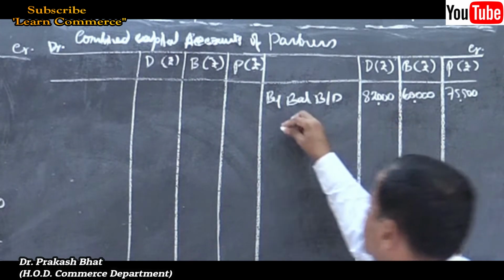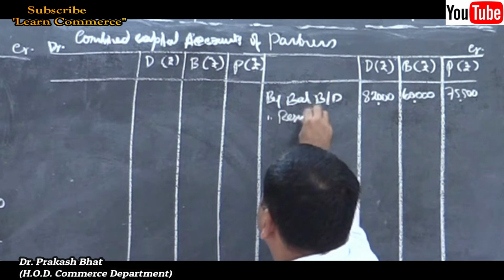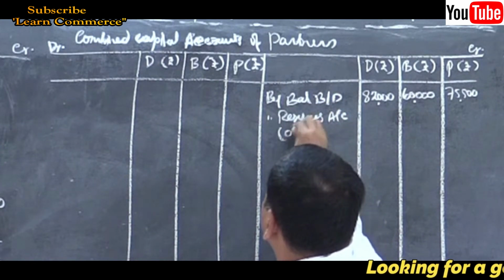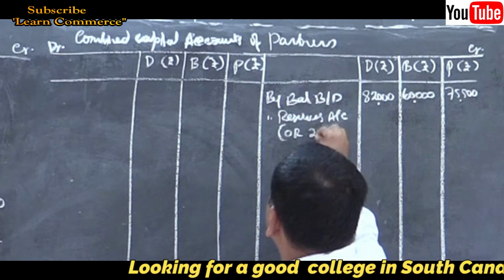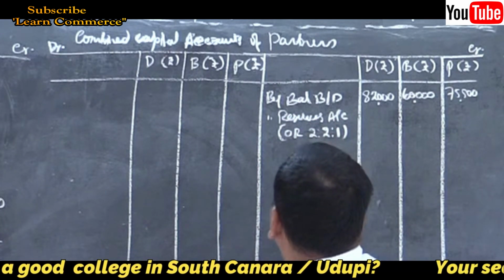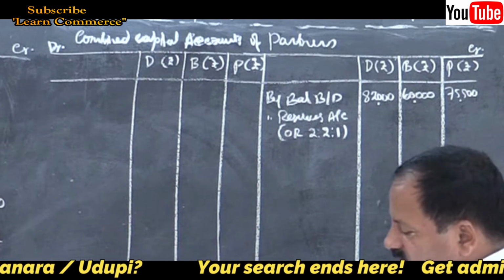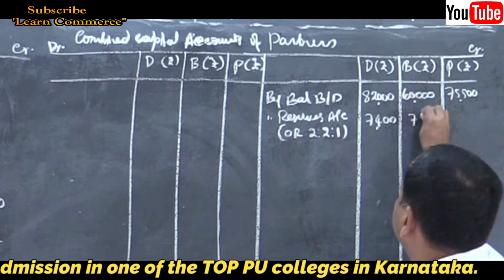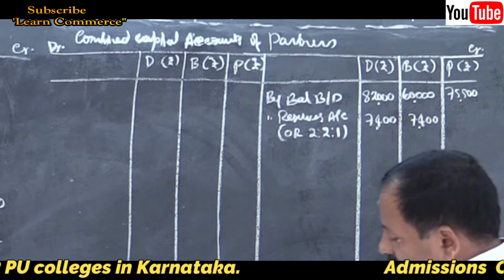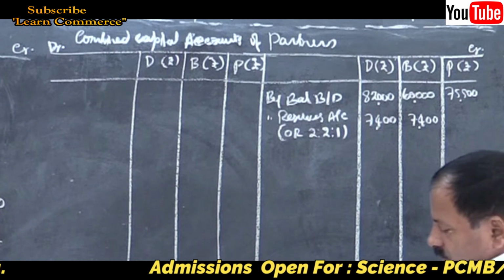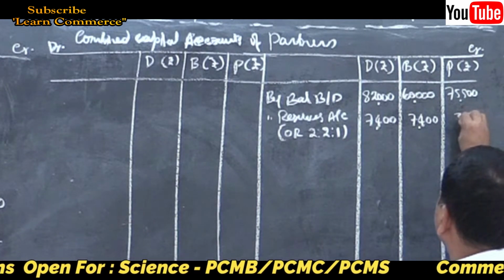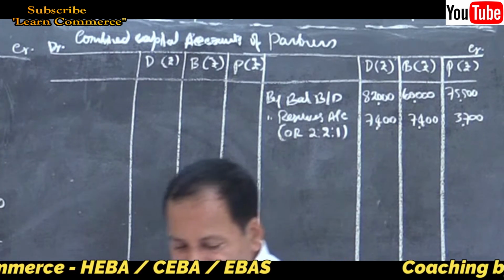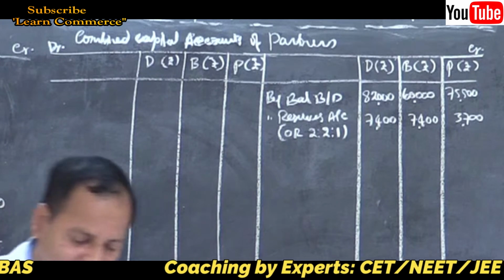Distribute among the partners by reserves, that is in the old ratio 2:1: 7,400, 7,400 and 3,700. Reserves distributed. Reserve amount was how much? 18,500, distributed among the partners.